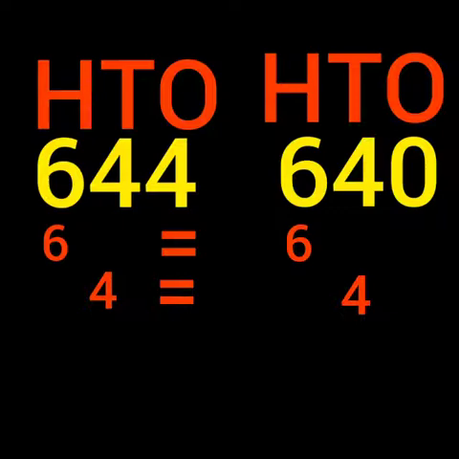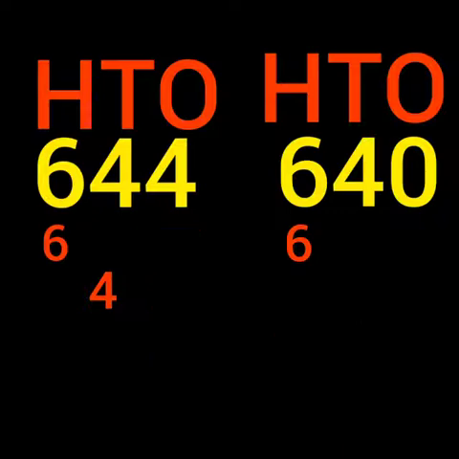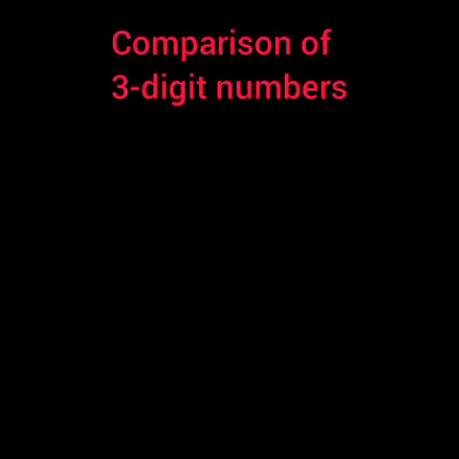So we have to compare the last or the third digit, the digits in the ones place. Which are they? 4 and 0. Since 4 is greater than 0, 644 is greater than 640. What do you understand from this topic? First of all, we have to compare the number of digits.